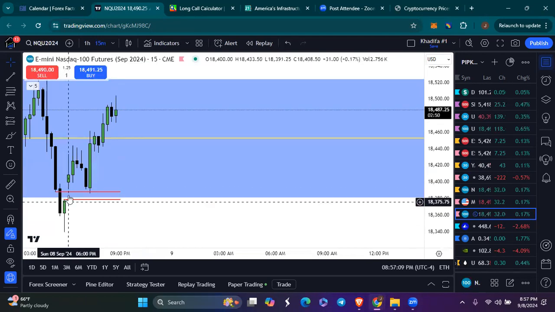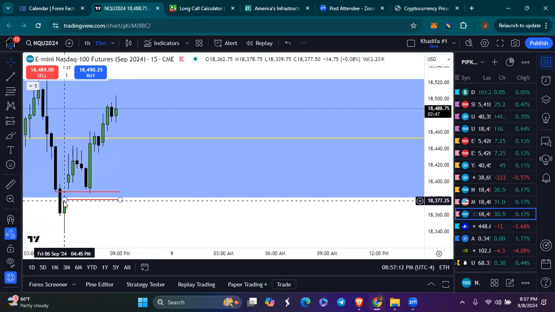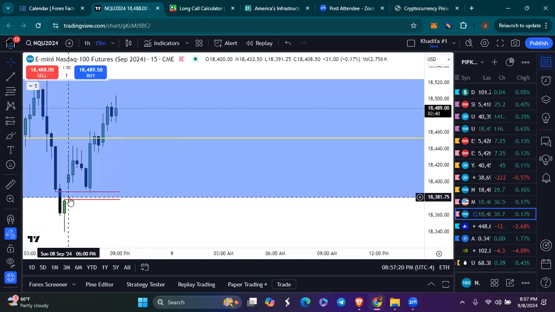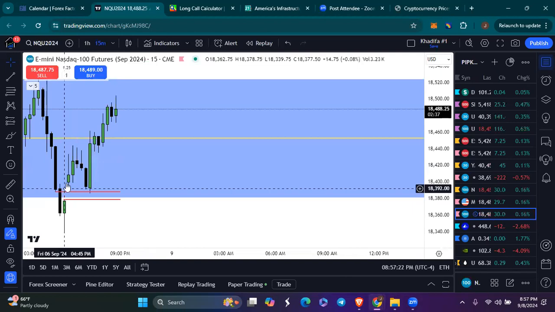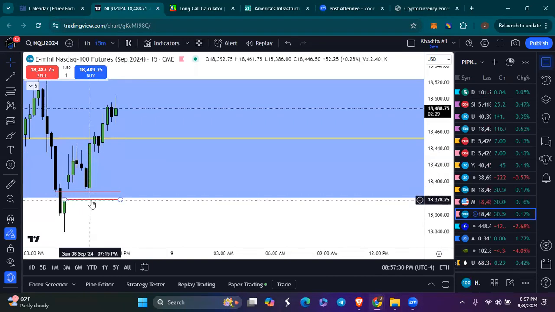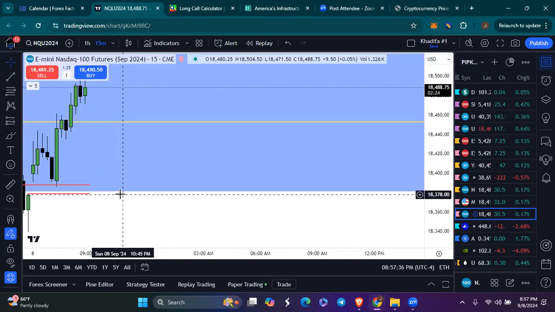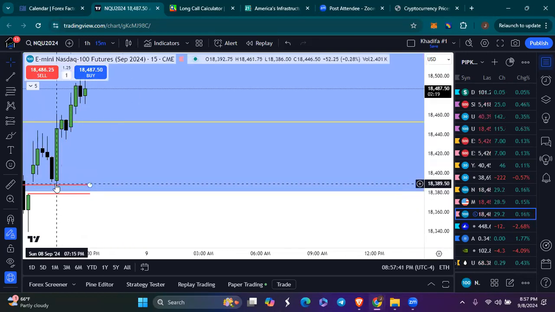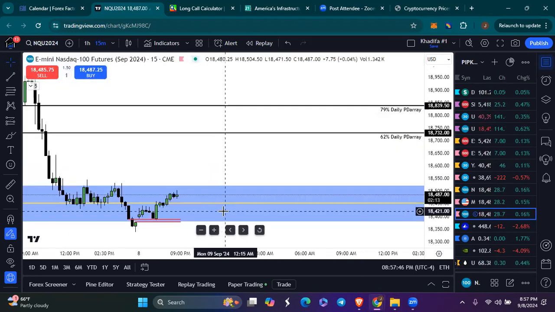Now, as you can see, within that liquidity void, we have an inverted fair value gap, right? That's these two lines. We have this fair value gap, which became an inverted fair value gap when price opened and gapped up. We can see that price came back down into that inverted fair value gap, came down into there beautifully, and then gave us this aggressive bullish candle to the upside.